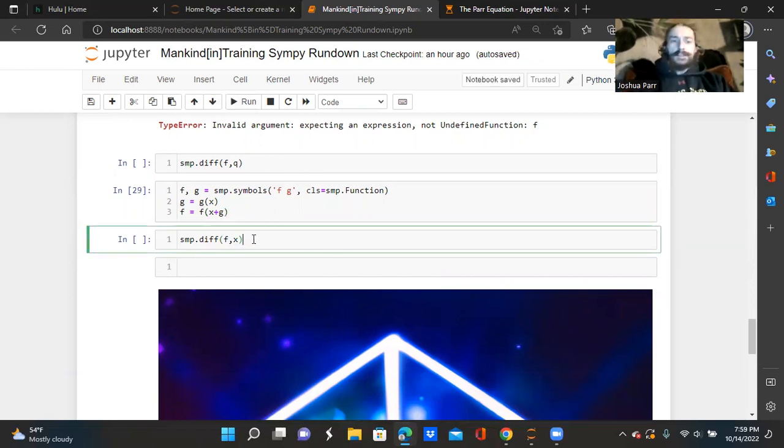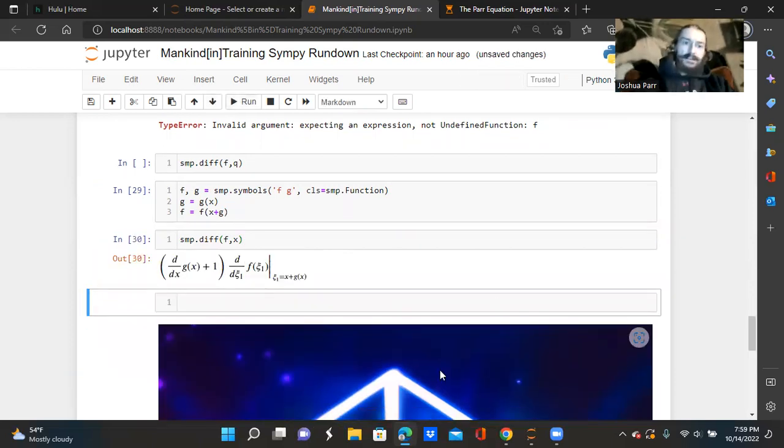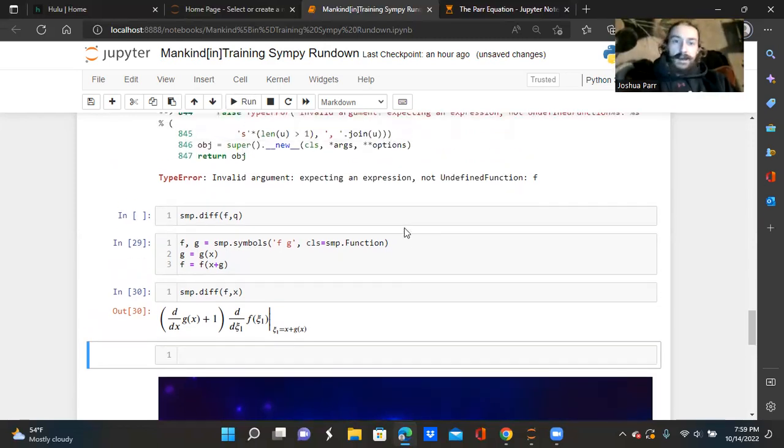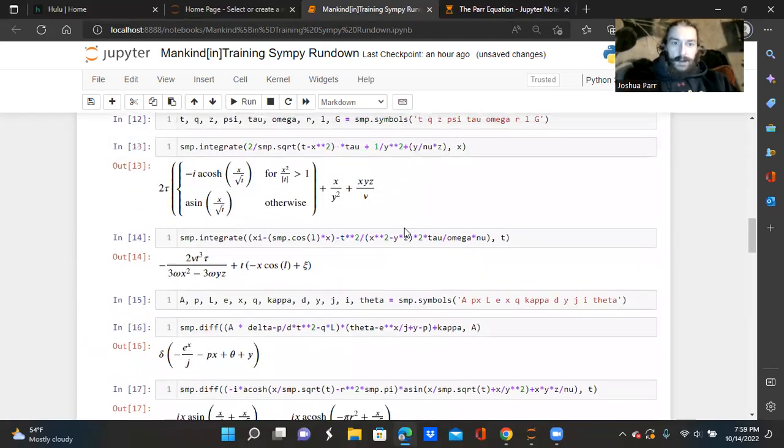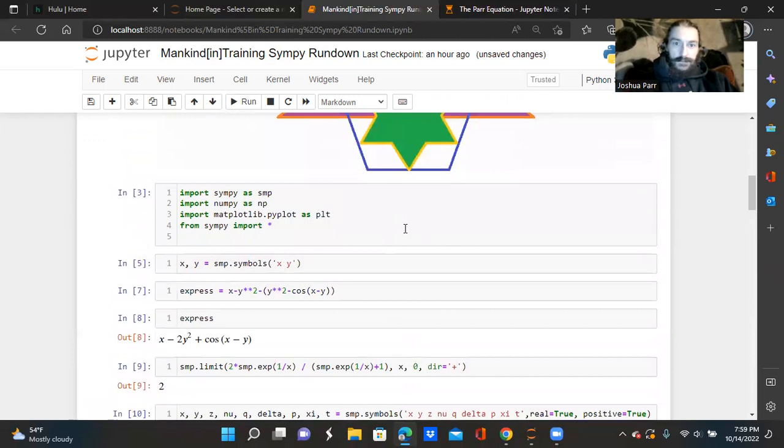Now, if I want to differentiate f of x, bam, I get d over dx. I get the derivative g of x plus 1, and then d over d of xi 1, maybe an L. No, it's a 1. Xi 1 and then xi 1 equaling x plus g of x. So, quick rundown. I'm not the authority on SymPy, but I just came across it after hearing about it for some time, and I am very impressed with the power.